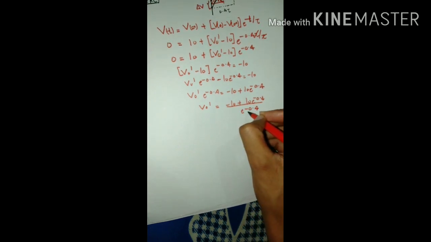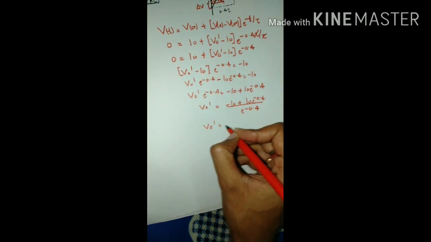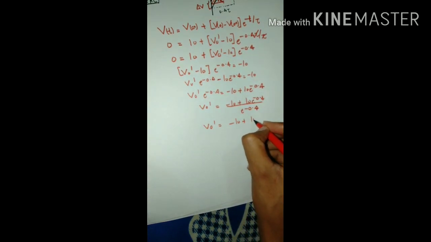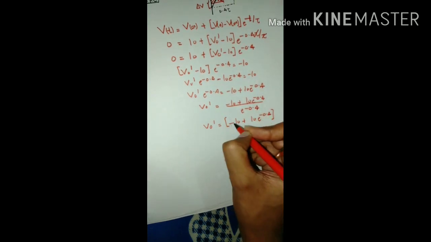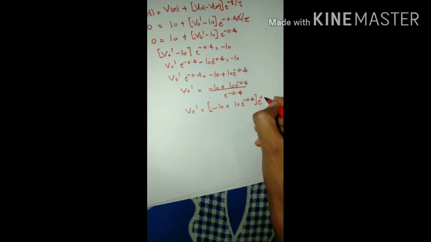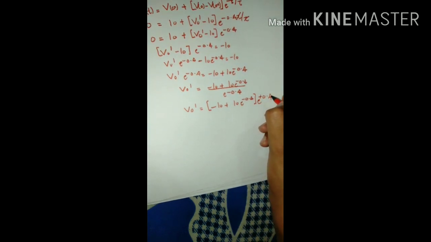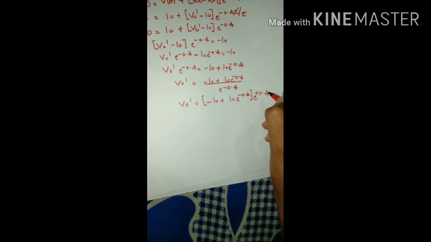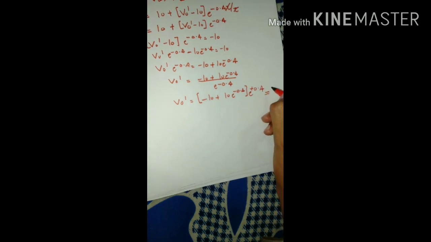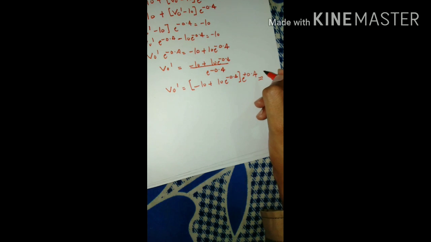Now when this term goes upwards, the power will change. So here we have to use calculator. This is a difficult question. To solve this question by calculator, we get approximately 4.92 something.